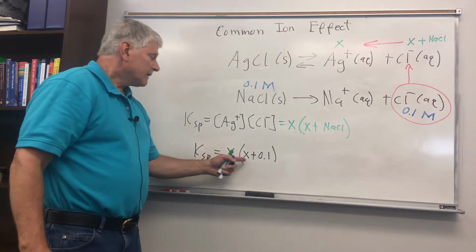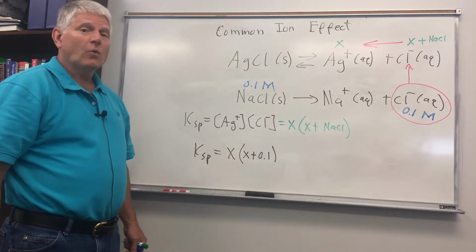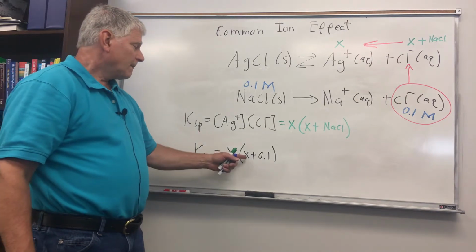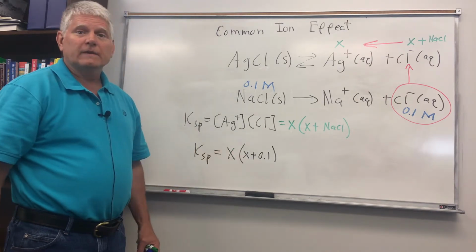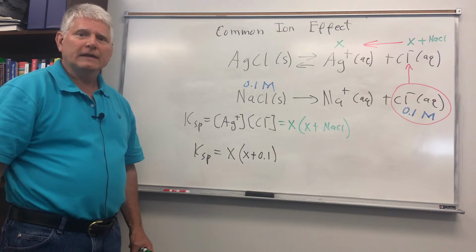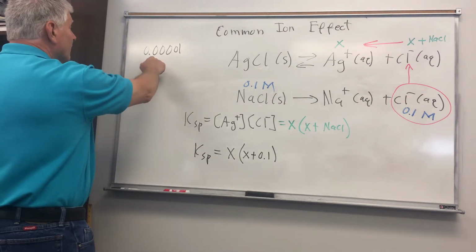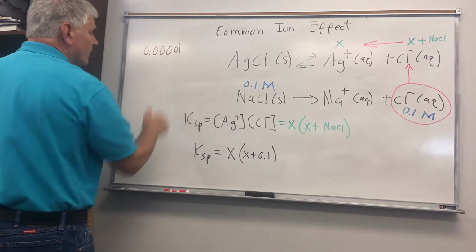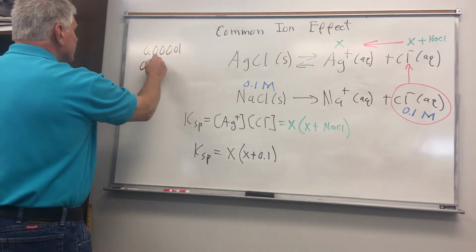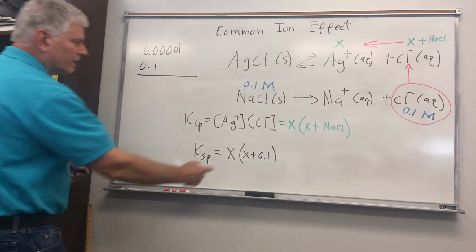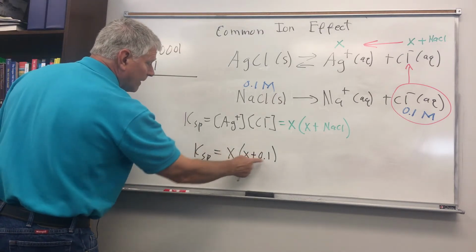So now we know that in pure water, the value for X is around 10 to the minus fifth. So it will be 0.00001. And we're adding to this 0.1. So this is the sum here.